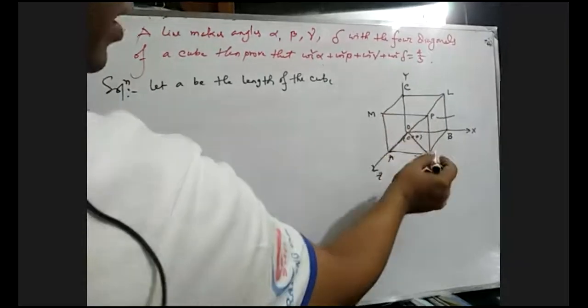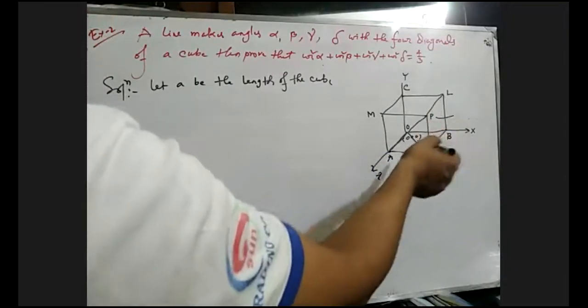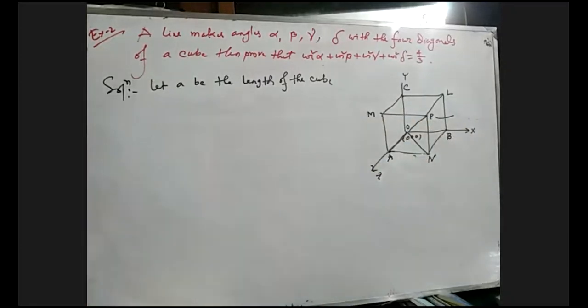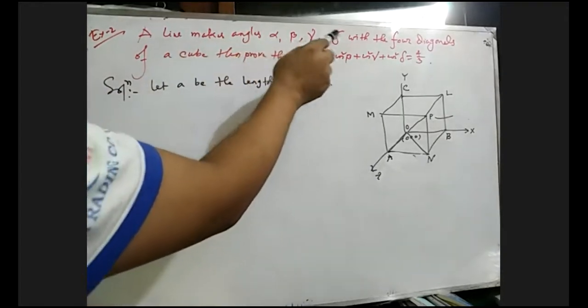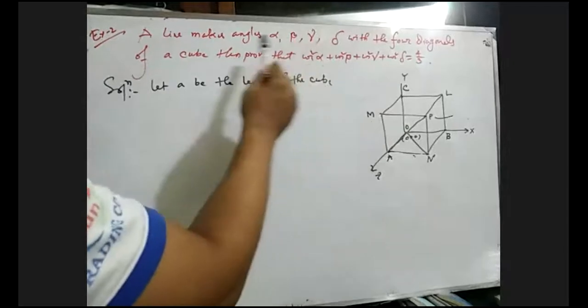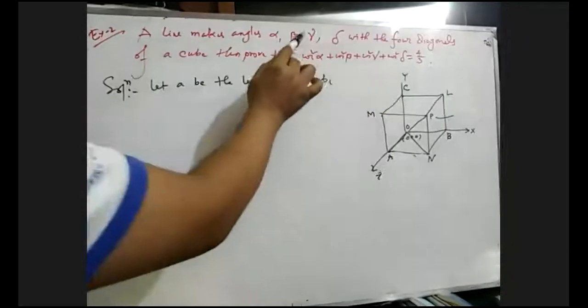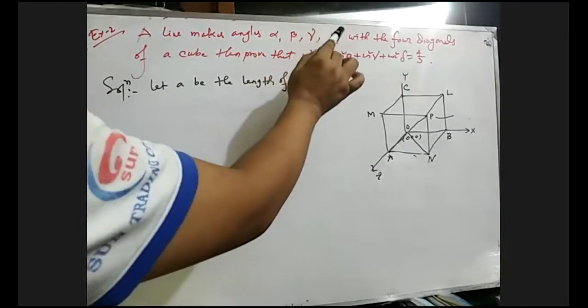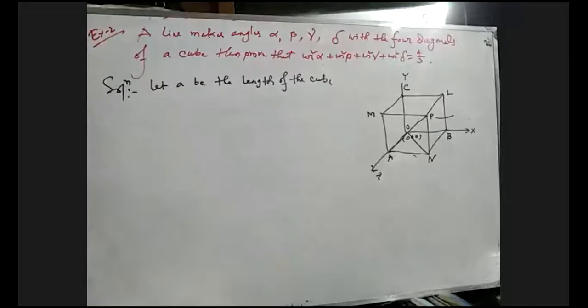So M, N, L, O, these are the 4 corner points, and joining them we get 4 diagonals. So we have to show that a line makes angles alpha, beta, gamma, delta with those 4 diagonals. Then we have to prove this condition. That means cos square alpha plus cos square beta plus cos square gamma plus cos square delta equals to what? 4 by 3. We have to prove this one.